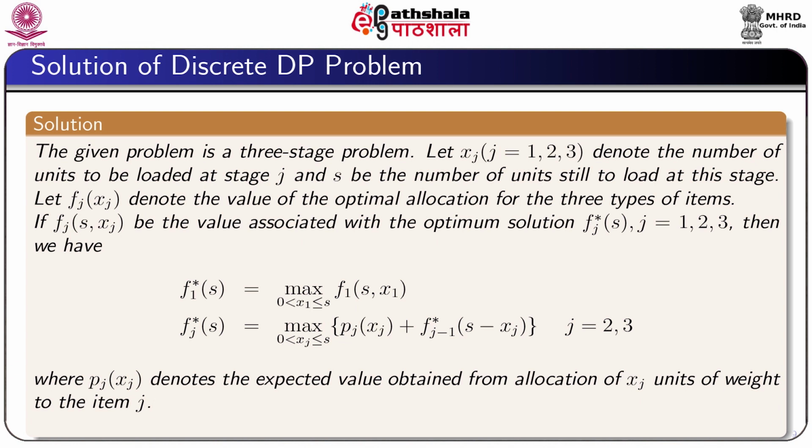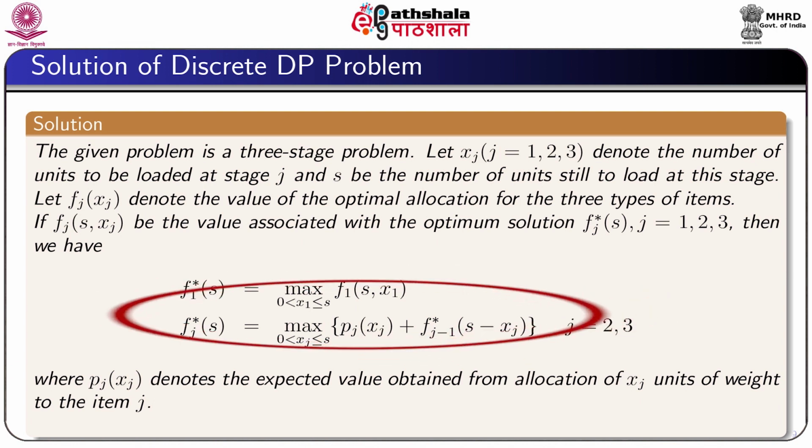Let fj denote the value of the optimal allocation for the 3 types of items, and if fj(s, xj) be the value associated with the optimum solution fj star(s), then we have the recursive equation.